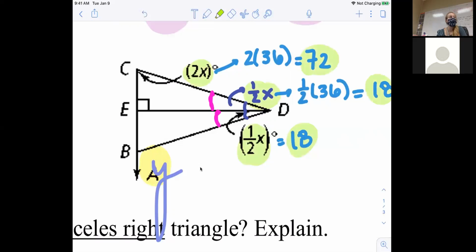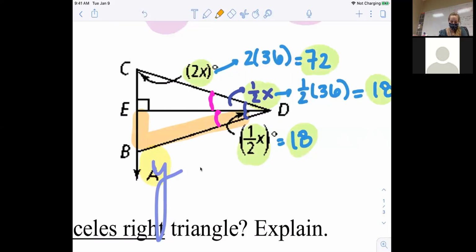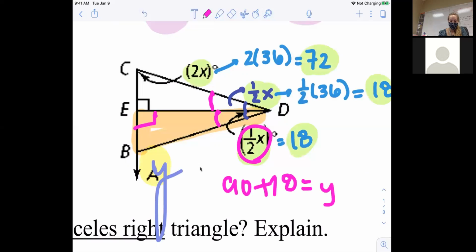You can do this one of two ways, but I'm going to use remote interior angles to solve this. If I want to think about this triangle right here, the remote interior angles to y are 90 and 1/2 x. So I could do 90 plus 1/2 x, which is 18, and that equals this angle y.